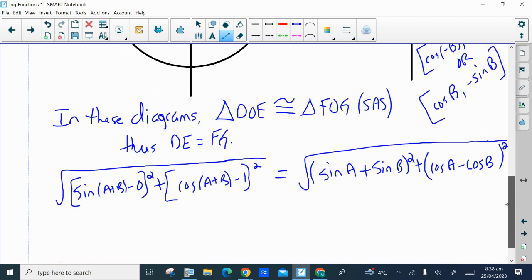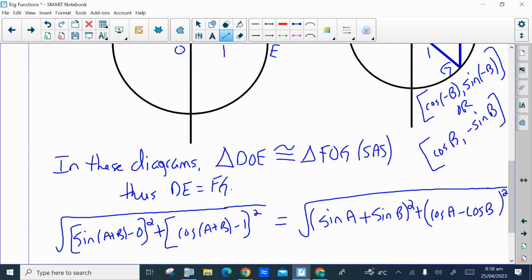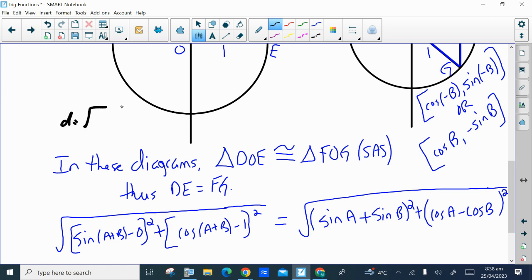Now, we can use the distance formula in order to come up with an expression for both of these sides. And the distance formula is that distance equals the root of (y2 minus y1) all squared plus (x2 minus x1) all squared. We used this formula before.